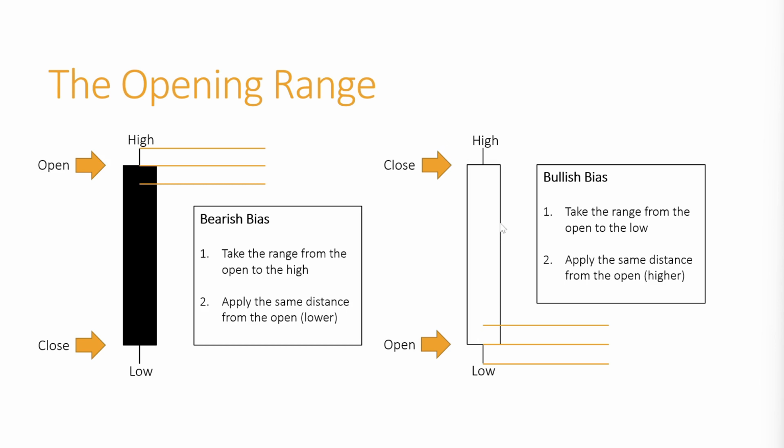So similar to the bearish setup, we're going to have a range between the open and the low, and we simply then add that range from the open upwards, and this gives us our complete opening range. So this range is going to allow us to find setups in that range, which is going to allow us to take advantage of our bullish bias in anticipation of that manipulation and then distribution at the end of the session.